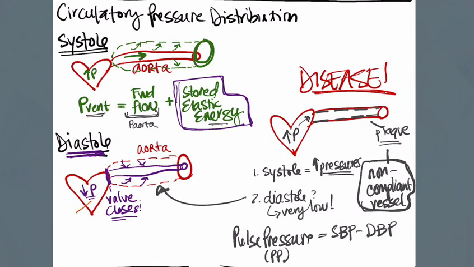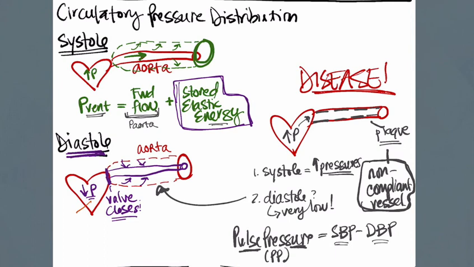From this discussion, I hope you can appreciate that pulse pressure, or the difference in systolic to diastolic pressure, is really driven by both the ventricular stroke volume, how hard the heart can pump and beat and drive pressure into the system, and the compliance of the aorta.